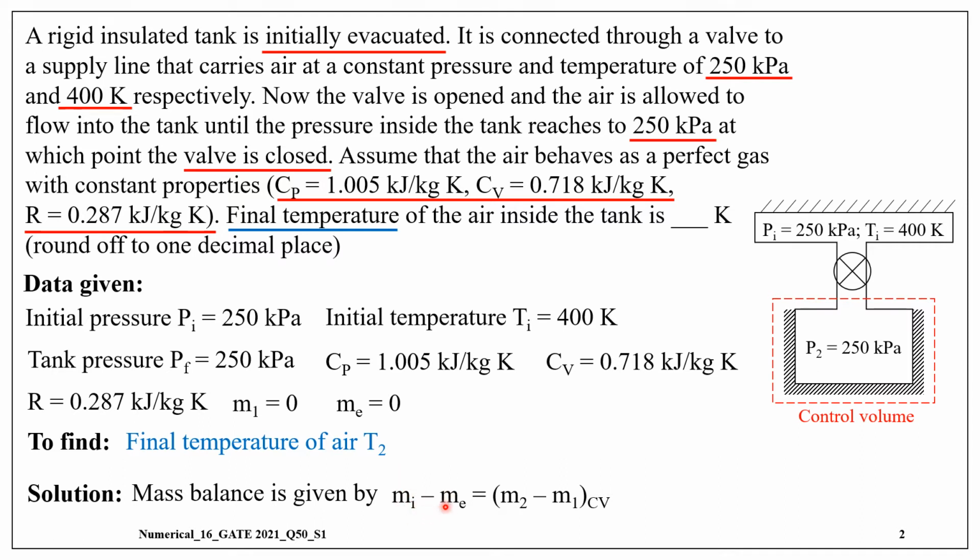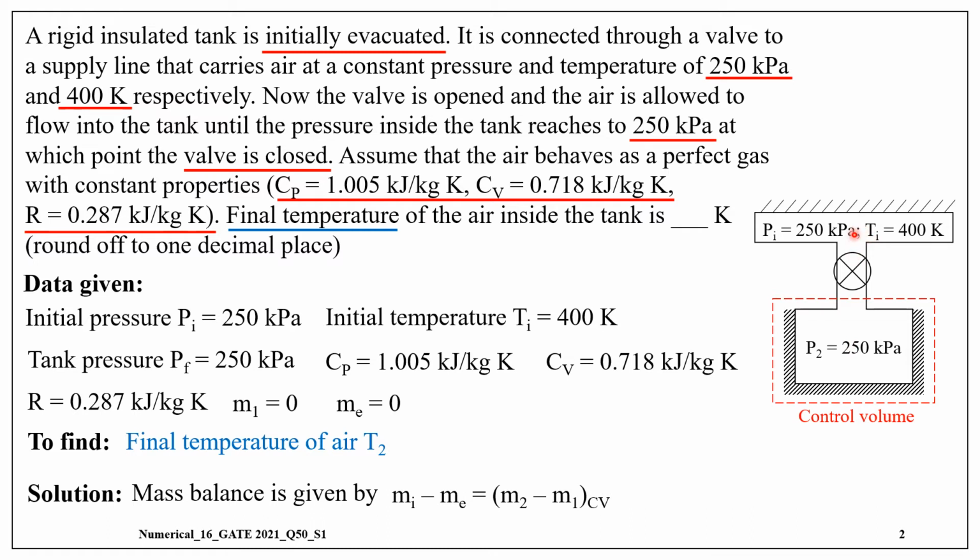Mi minus Me. I and E subscripts stand for supply line, the conditions in supply line. So there is a wall separating the supply line and the control volume.